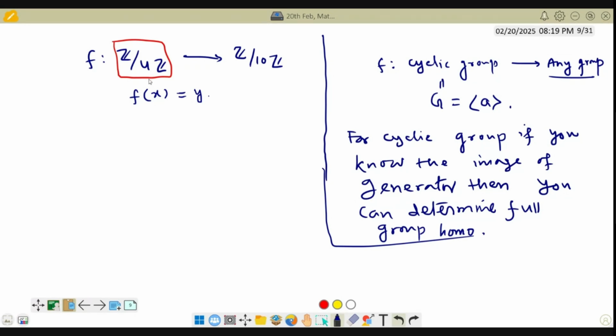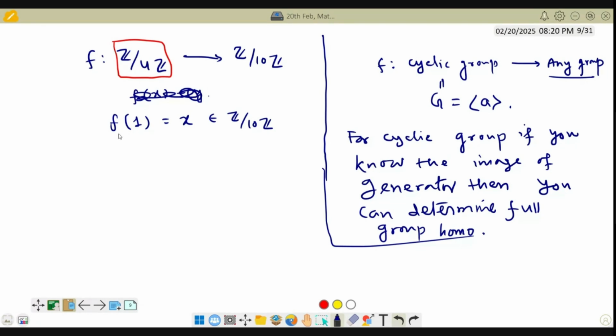So here also, what is the generator in Z mod 4Z? 1 and 3 are the generators. Let's just fix f of 1 is x, and x is an element from Z mod 10Z.